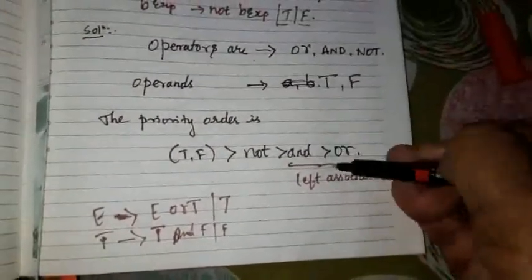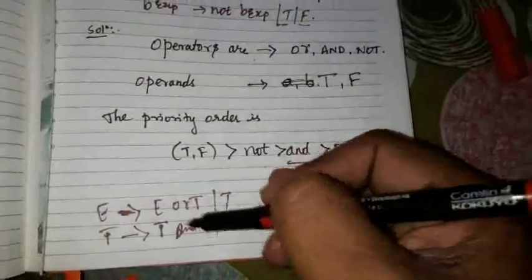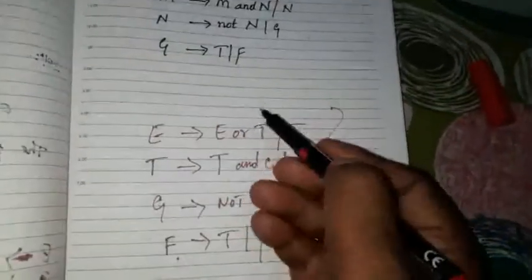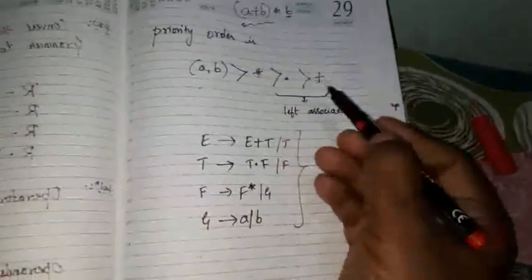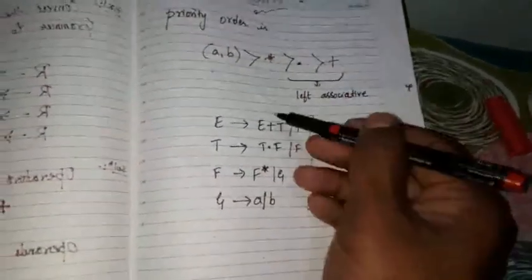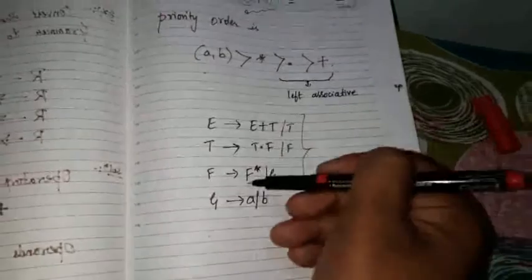And in this also you can see or has low priority. That's why you have it at the top. And not has high priority, so it is at the bottom. Likewise here also, plus and dot have low priority. Plus and dot are at the higher level, and star is at the next level.